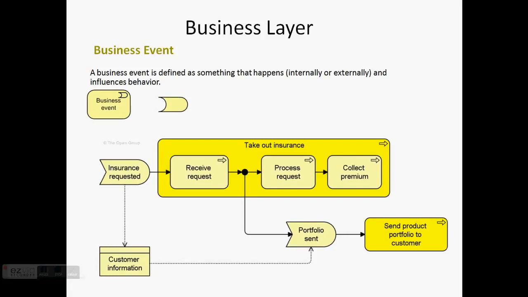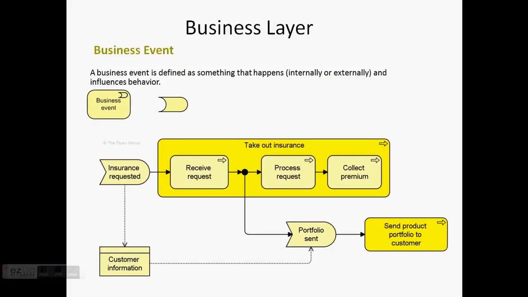Business event is the next entity. A business process and other business behavior may be triggered or interrupted by a business event. As the name suggests, it is basically an event that can trigger or stop something.